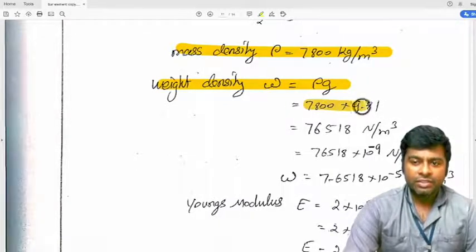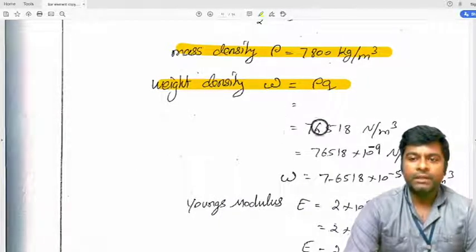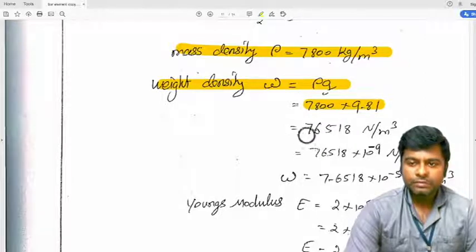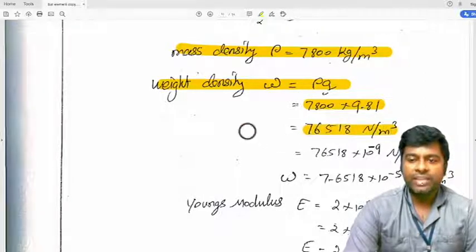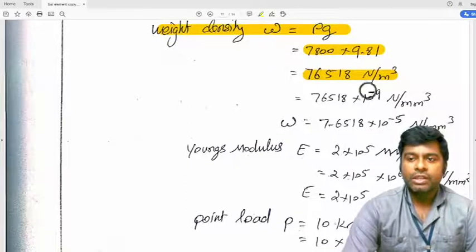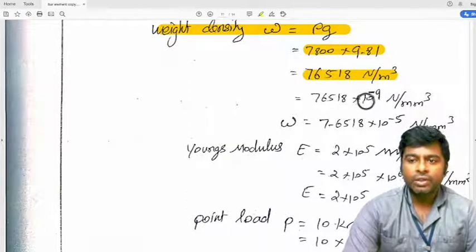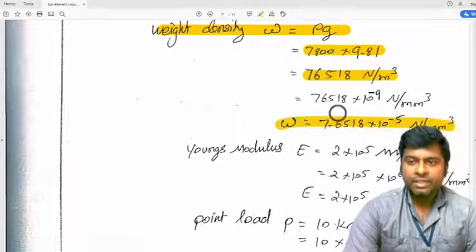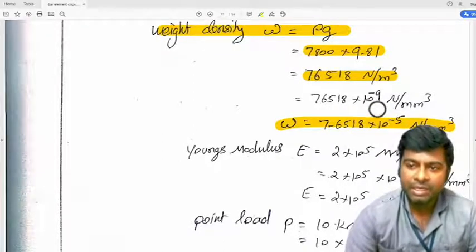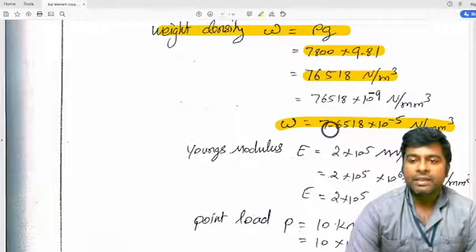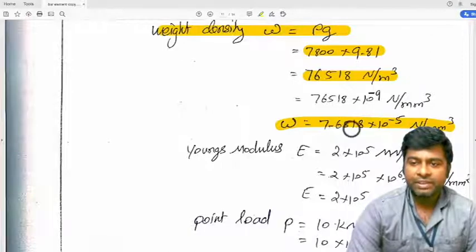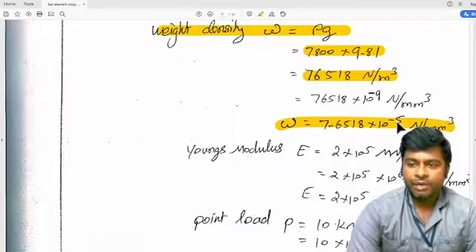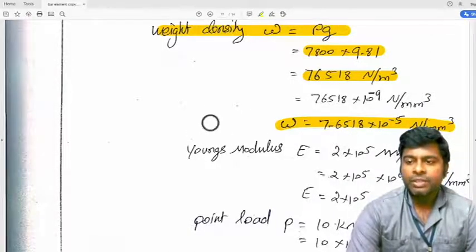Therefore 7800 into 9.81 equal to 76518 Newton per meter cube. This is converted into Newton per millimeter cube by multiplying by 10 power minus 9, giving 7.6518 into 10 power minus 5 Newton per mm cube.